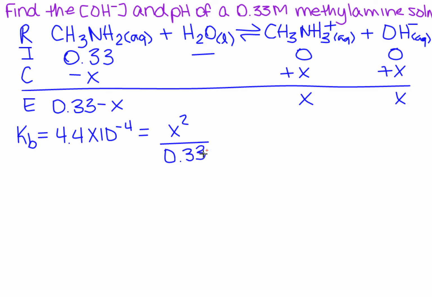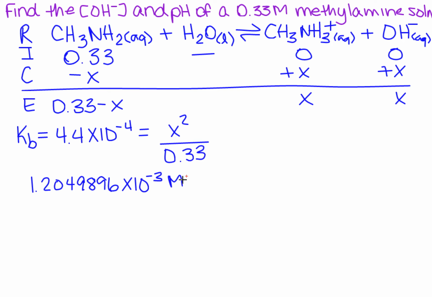So if I do that, I'm going to cross multiply, take the square root, and I get 1.204986 times 10 to the minus 3rd molar.